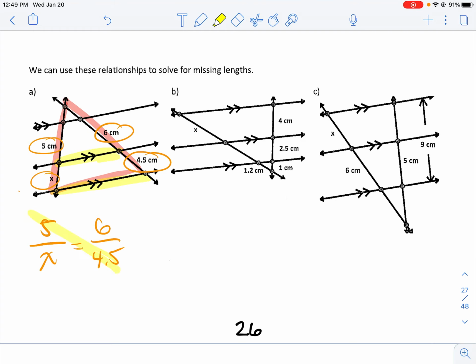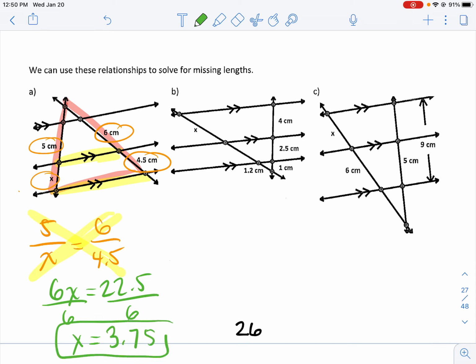Now you guys are my all-stars, superstar cross multipliers. So 6x equals 5 times 4.5, 22.5. Divide by 6. 3.75. Again, make sure that makes sense. We have 3.75 here. If I look here to here, these are going down, so that does make sense.